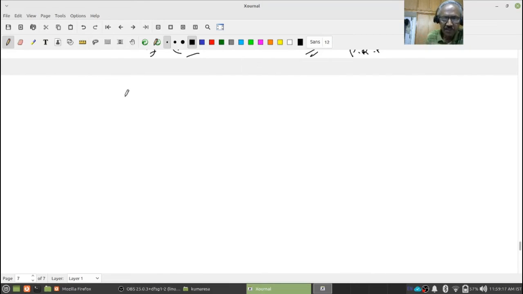Suppose y and z are in C, and I want to prove C is convex. That means (1 minus t) times y plus t times z belongs to C, where 0 is less than or equal to t less than or equal to 1. I have to prove this.